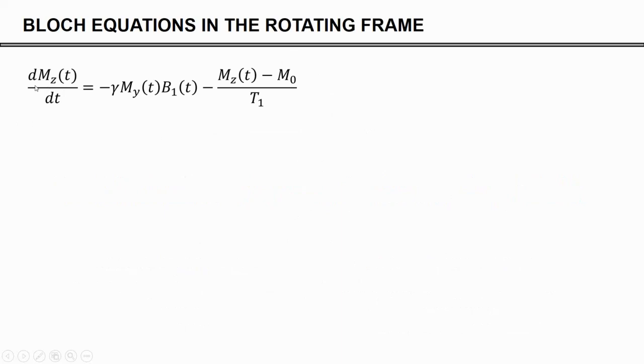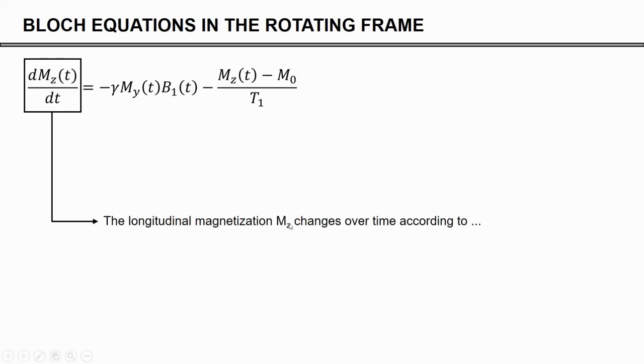The first equation is shown here. It is a differential equation, and this may look scary to some of you, but you just have to know how to read an equation like this. So the first term basically tells you that the longitudinal magnetization Mz changes over time t according to two effects.